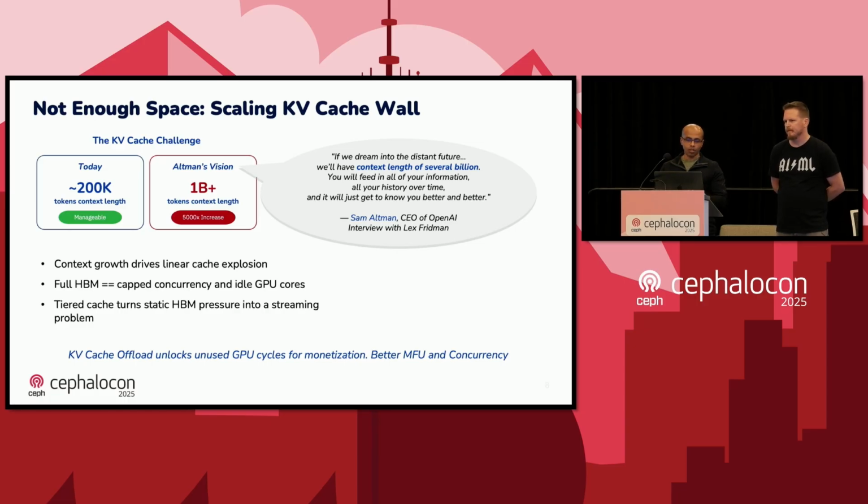First, you cannot run as many requests at once because you're out of memory. So you are leaving GPU cycles on the table when you're memory starved. And the second is something called a batch size, which is essentially how many tokens you can serve. So both concurrency as well as batch size get impacted, and you leave a lot of GPU cycles on the table.